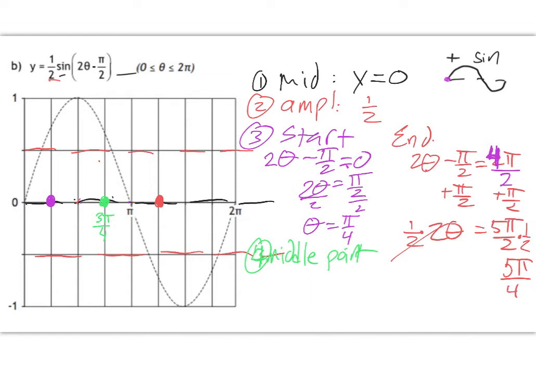If you wanted to get the x value, you could do pi over 4 plus 5 pi over 4, and then divide by 2. That's going to be 6 pi over 4, which is 3 halves, times a half would be 3/4. The top and the bottom are going to be right between those two. Here's my top point, here's my bottom point, and a nice smooth curve.